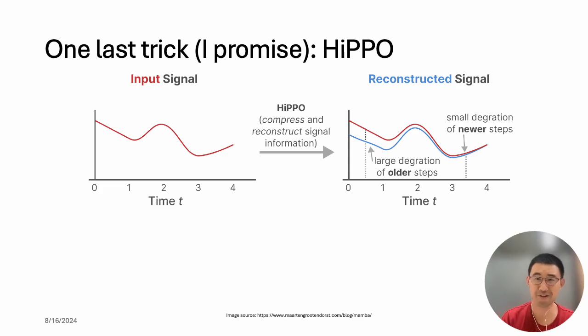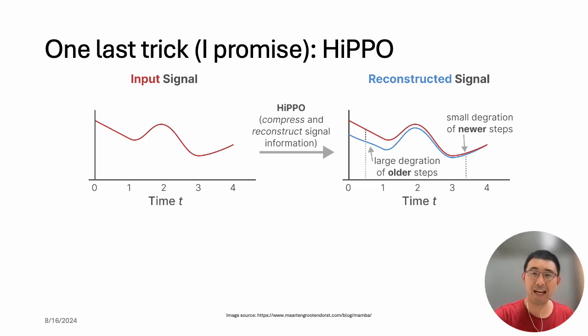The one last trick I want to talk about is the HiPPO that the authors use. HiPPO stands for high order polynomial projection operators. What it does is compress the input signal into memory. We want to compress the input signal in a way that values the information that just happened right now more, and we try to forget some of the things that happened a while ago, because we have limited memory. So the HiPPO operator does this compression.